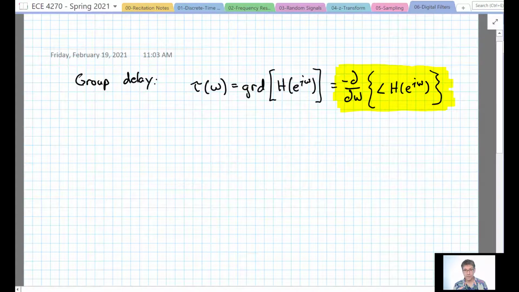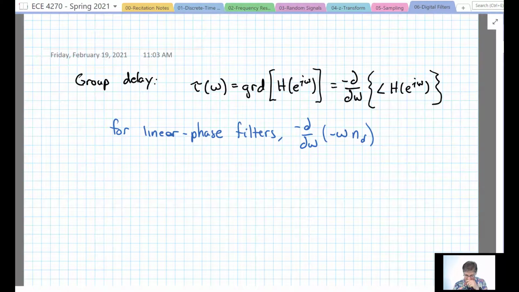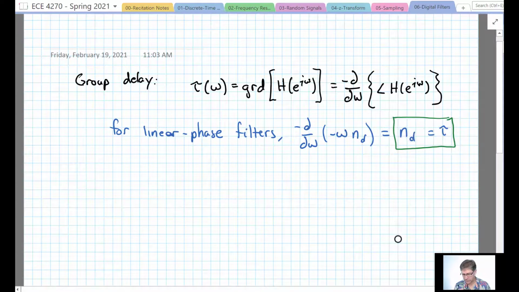So let's see how this works if we have just a regular linear phase filter. For a linear phase filter, the angle of the filter is just negative omega n_d. And so when we take the negative derivative of that, we get tau, the group delay, is equal to n_d.